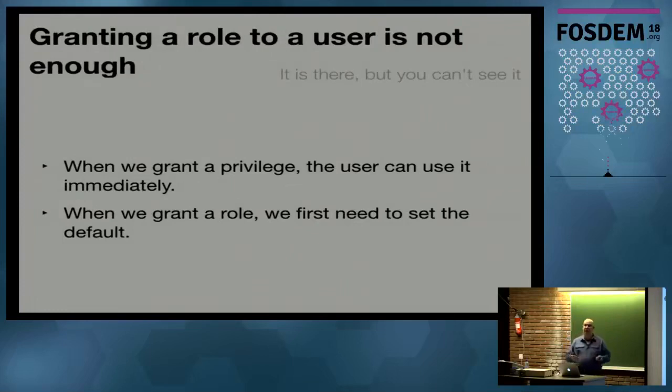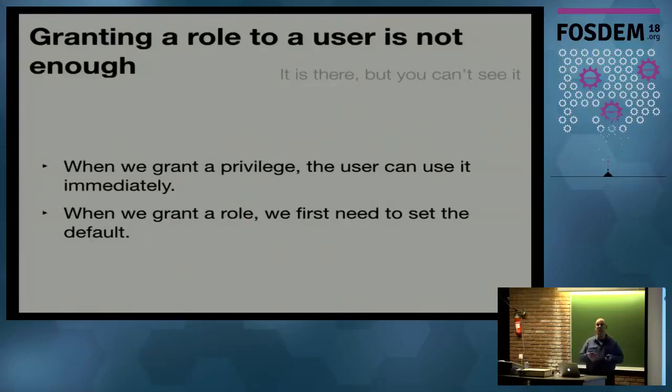And as a consequence of the previous point, you can actually grant a user as if it were a role to another user. The point that I was making before was that when you grant the role, your job is not finished.